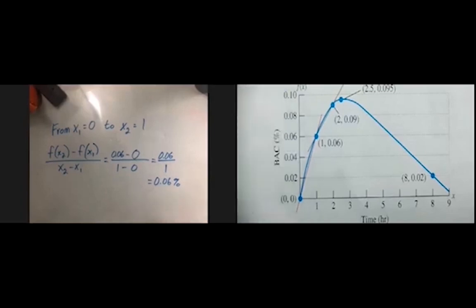Percent per hour. Y's over x's per hour, because the top, the y coordinates were in percents, and the x coordinates along the bottom were in hours. Percent over hour is literally percent per hour.